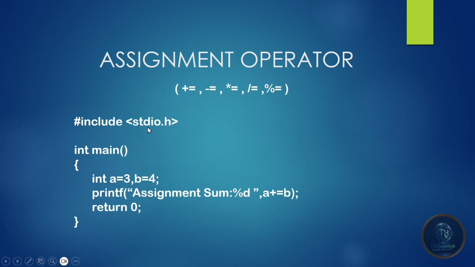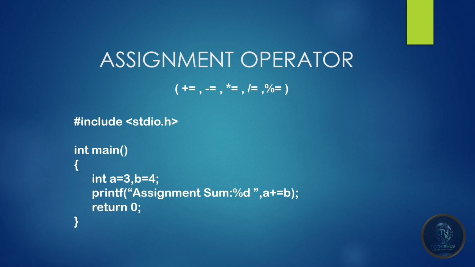So first hashtag include, this is the header file section which is common for all the programs. And in the main function, we introduce the same variables with the same values. A is equal to 3 and b is equal to 4. So we are going to print assignment sum as the text and the value a plus equal to b. What is a plus equal to b?